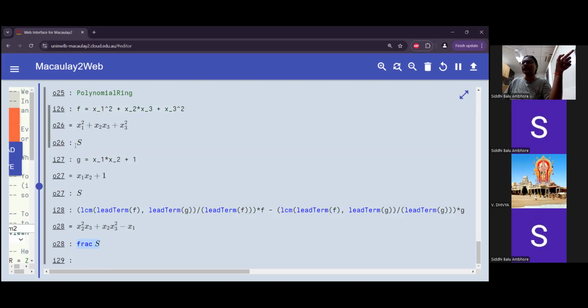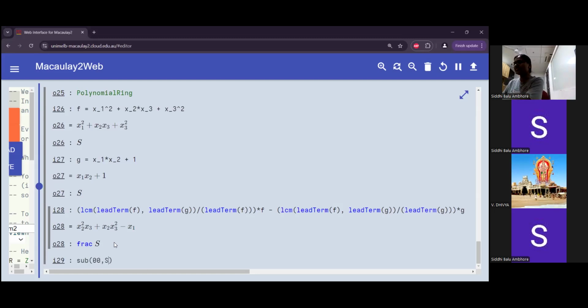For example, when I defined F, the outcome was an element of S. Again, for G also, it was an element of S. But when I did this, it considered it as a fraction in S, like F by G in S. So to see such elements in S, I have to do this: sub this element in S.